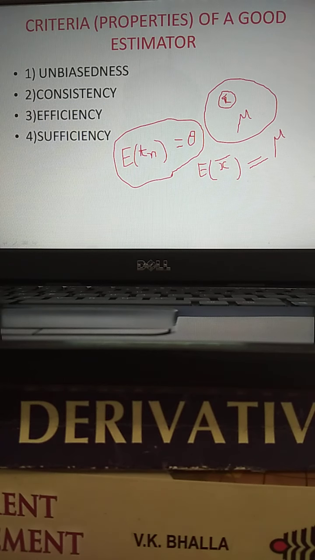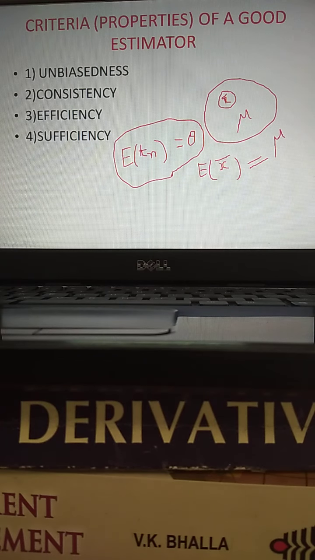This is a very, very important example. The sample mean is the unbiased estimator for the population mean, but the sample variance is not an unbiased estimator of the population variance. To make it unbiased, a product term would be there, and when you multiply with that, the value becomes the unbiased estimator.